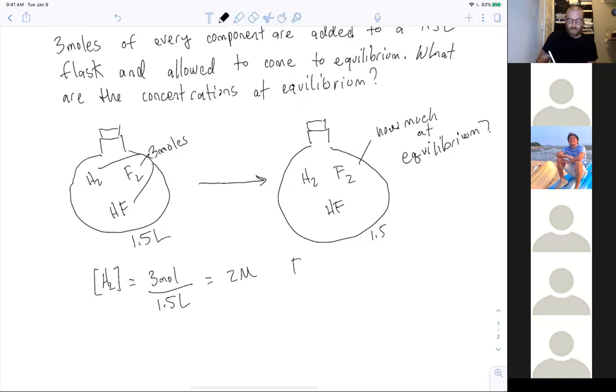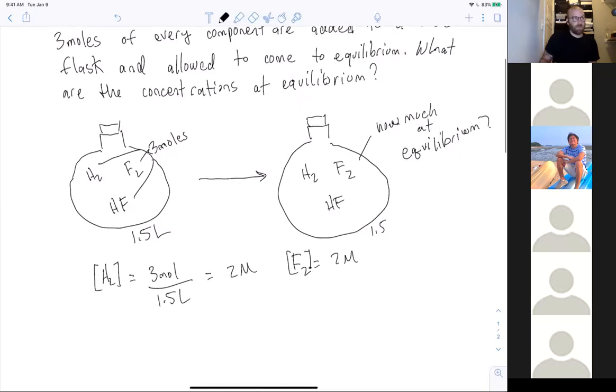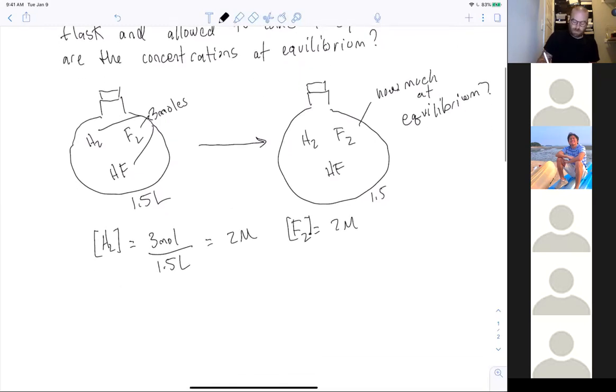And for fluorine gas, it's going to be equal to the same thing, because we're starting out with the same amount of everything. Stoichiometry doesn't play a role just yet. They're all equal to the same concentration. I have 3 moles of each one of these, and they're all divided by 1.5 liters. So I'm 2 molar in everything at the beginning. Those are my starting concentrations.